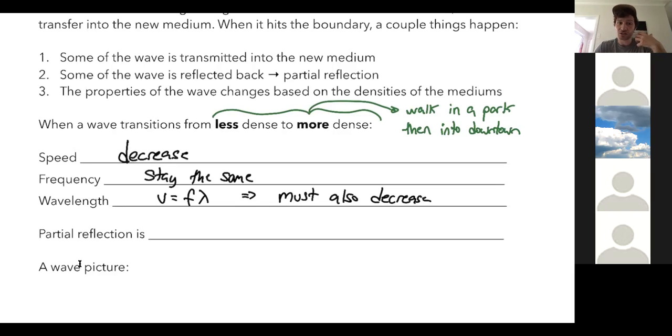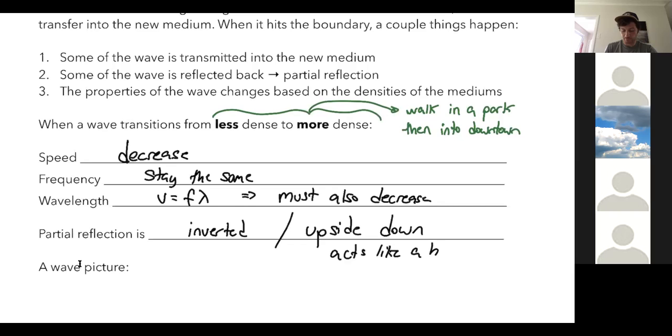And the reflection, just like we talked about, is inverted, or upside down. Because this acts like a hard boundary, since you've got a small rope going to a thick rope.